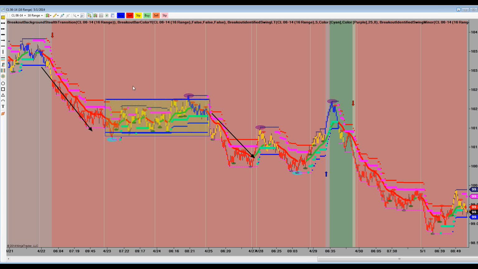The indicators I have on here, let me see if I can pull that up, Chris. Let me pull the indicator box up and see if I can show you that real quick. Indicator box.